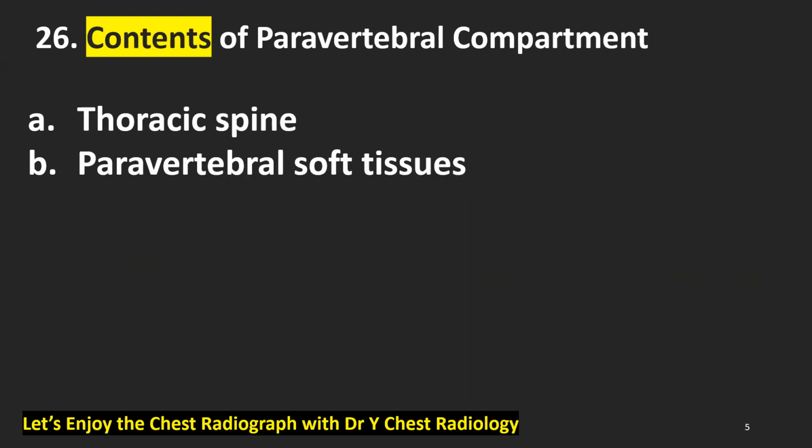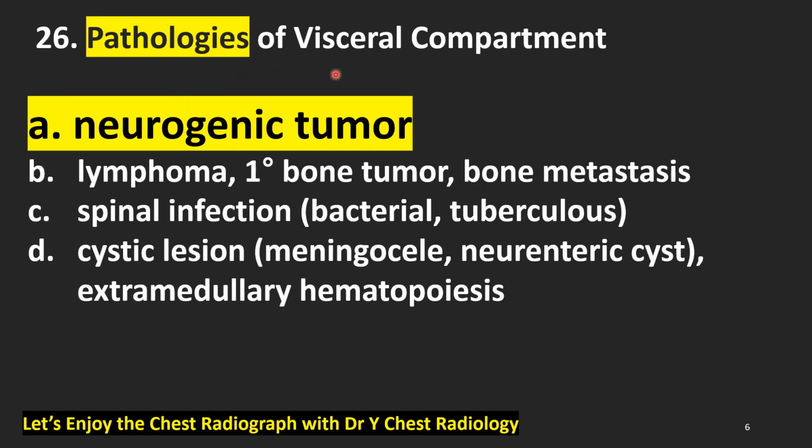What are the contents of the paravertebral compartment? A. Thoracic spine. B. Paravertebral soft tissue. Pathologies of the paravertebral compartment: neurogenic tumor is the most important and most common pathology, and also one of the most important and most common diseases of the whole mediastinum.